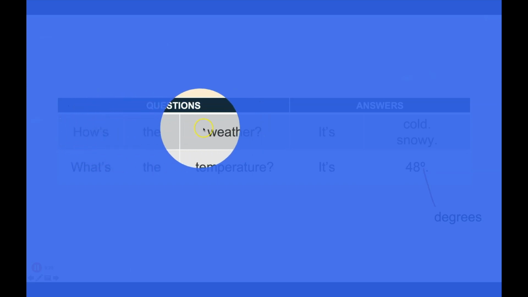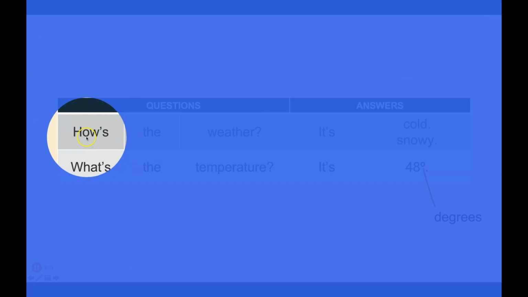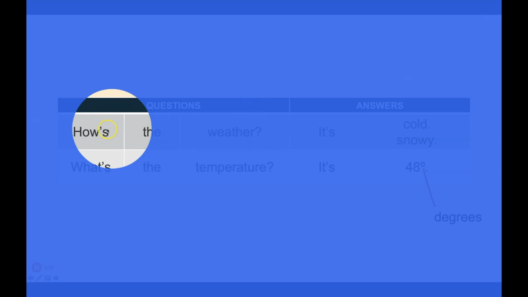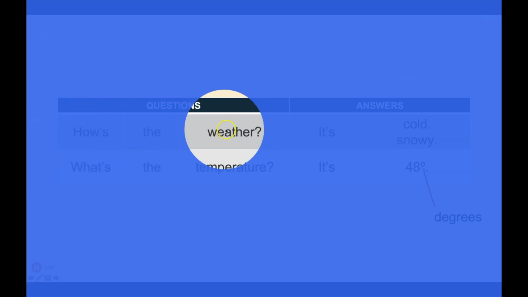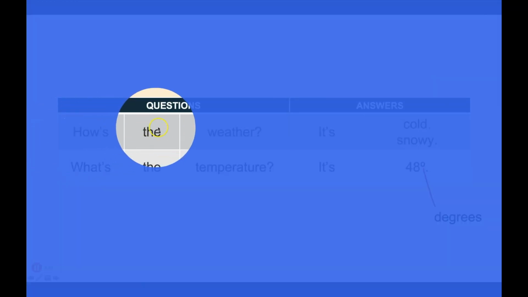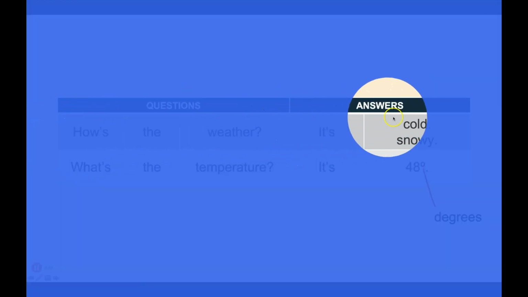How's the weather? Repeat. How's the weather? Again, how's the weather? Someone may ask, how's the weather? And notice here, how's sounds like a Z. How's the weather? Okay, how's the weather? It's cold. Brr.